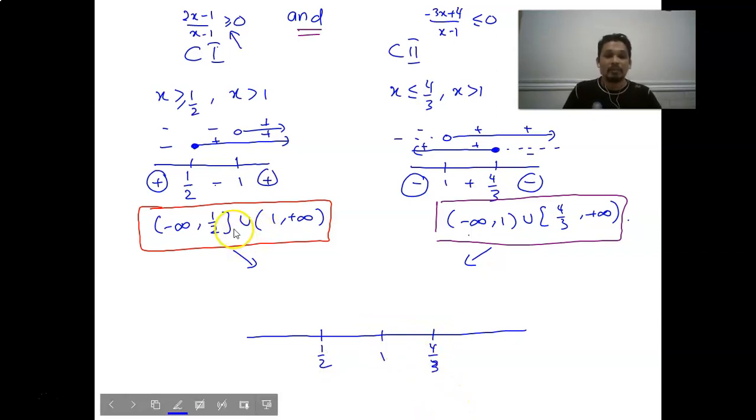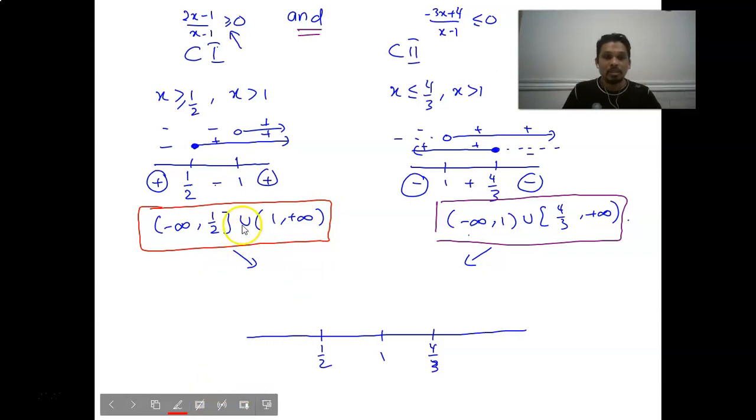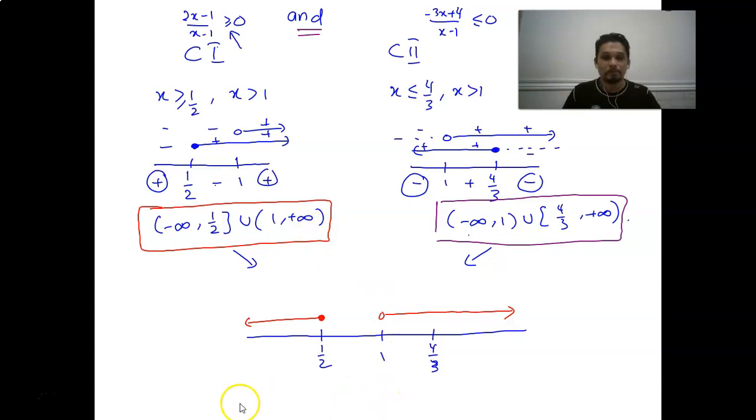Okay, so for the solution of case number 1, I'm going to use the red ink. So then, from negative infinity until 1 over 2, and then 1 to positive infinity.